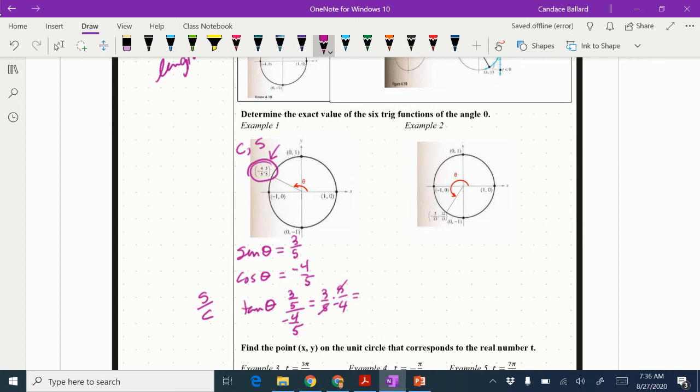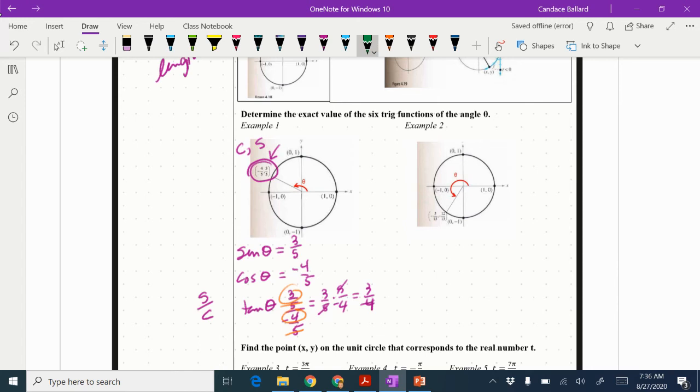Then we're able to cancel and we get 3 over -4, or -3/4. However, do you see what really happened? These canceled. So the shortcut is you just cancel the denominators if they're the same, and it reduces to the exact same thing.